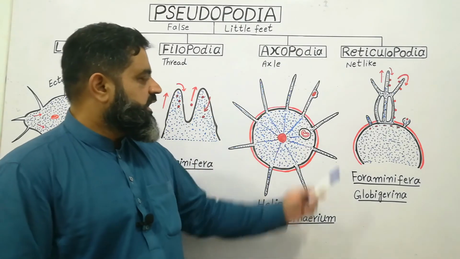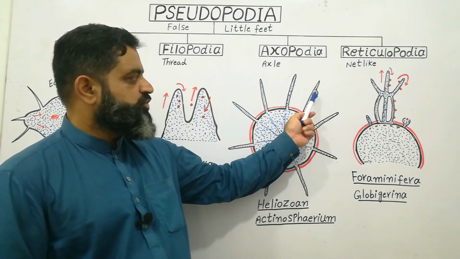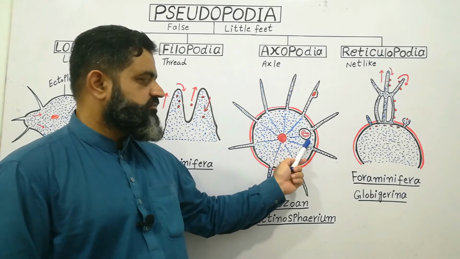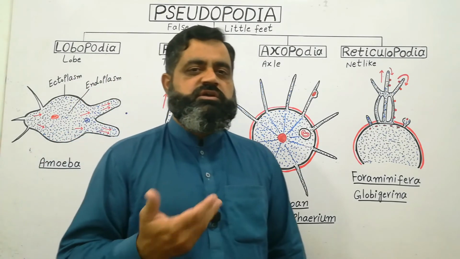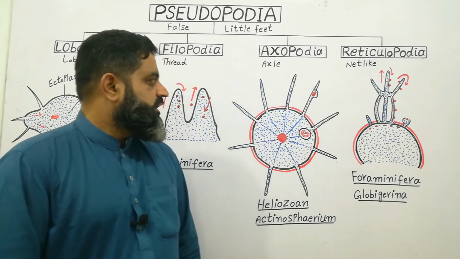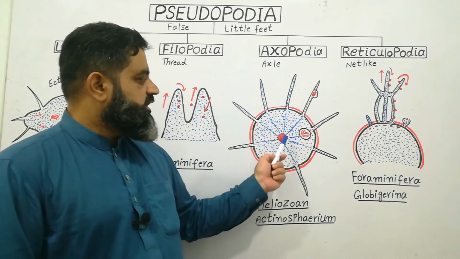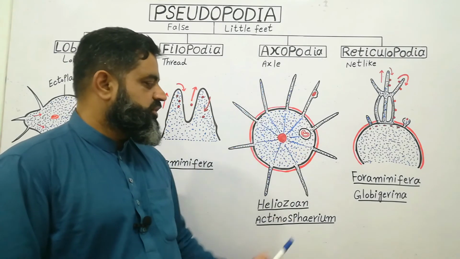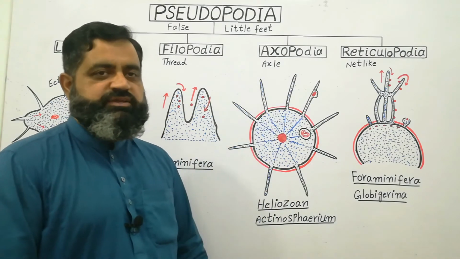As you can see here, it is going to capture a food particle and then move it inside the organism in the form of a food vacuole where intracellular digestion will take place. So these podia are present in the form of an axis all around the body, so that is why these podia are known as Axopodia.